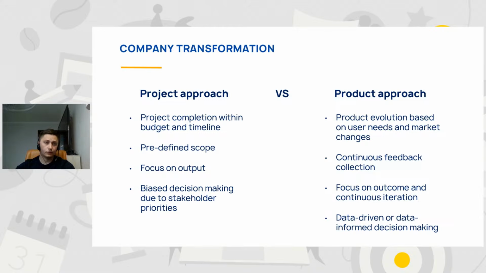And what else you should consider is that the project approach may have some sort of biased decision making, as different stakeholders may have different priorities and different motivations. In case of the product approach, it's better to streamline the prioritization and have some data-driven or data-informed decision making.